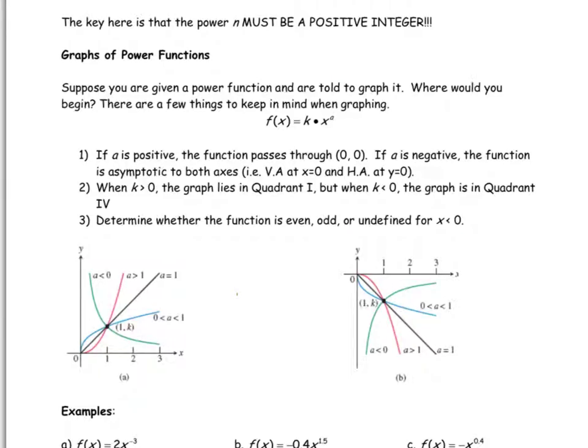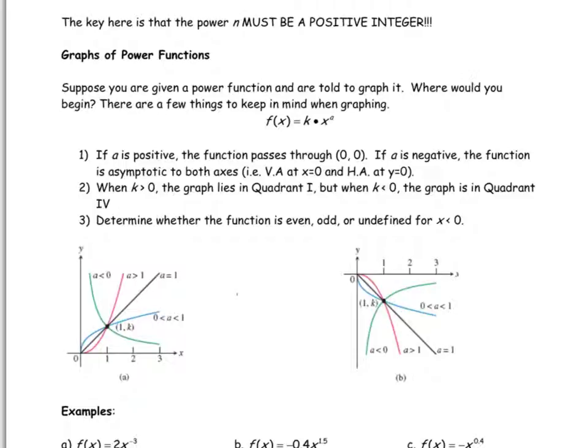All right, now on this page it talks about graphs of power functions. We did a little review on some of the parent functions that we did in Algebra 2, just to at least give you a starting spot. Suppose you're given a power function and you're told to graph it. Where would you begin? There are a few things to keep in mind when graphing f(x) = k times x to the a power.